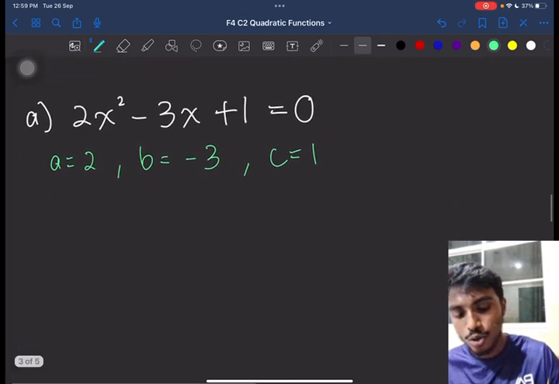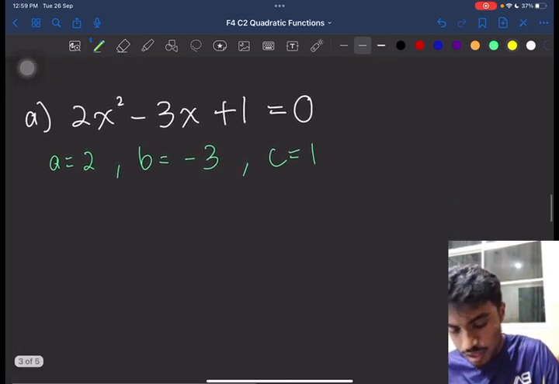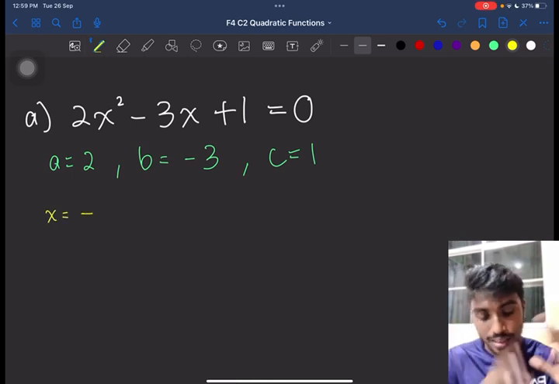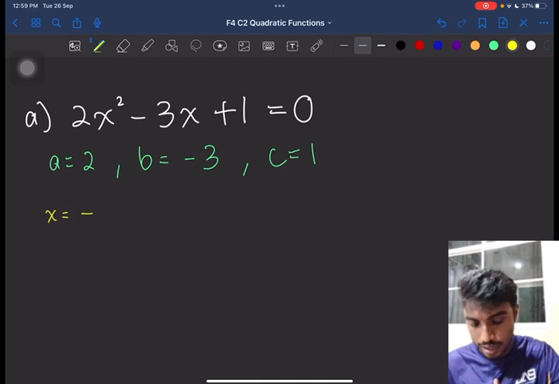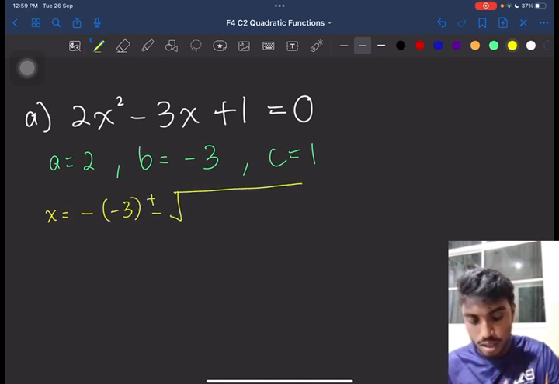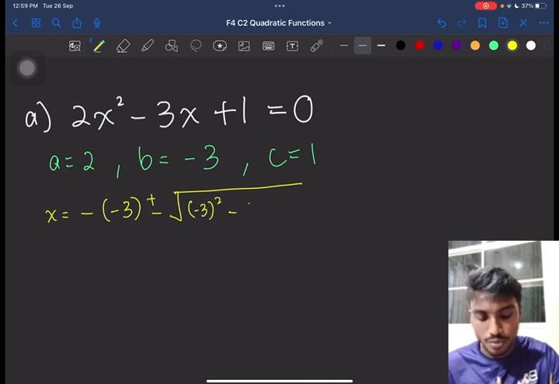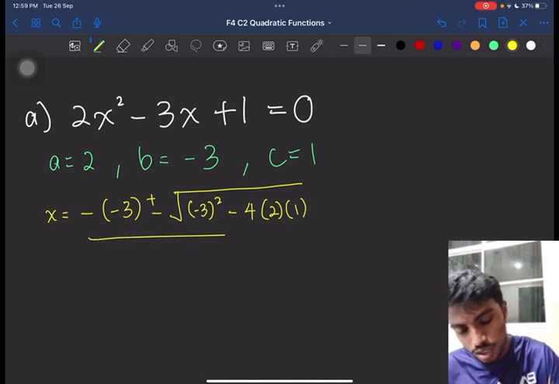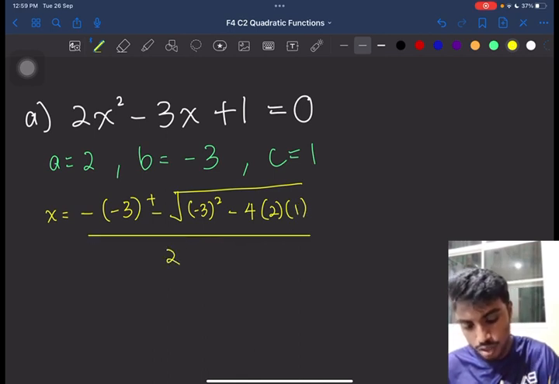How to use the formula now? x equals negative b. B is negative 3, so put it in bracket, negative 3, plus minus the square root of b squared, negative 3 squared, minus 4, a is 2, c is 1, over 2a.